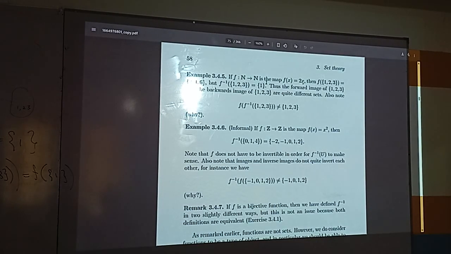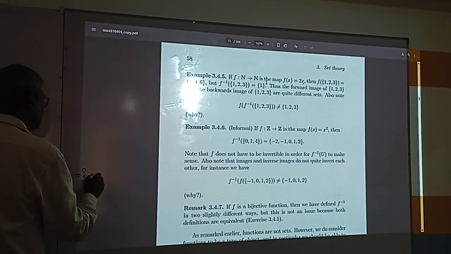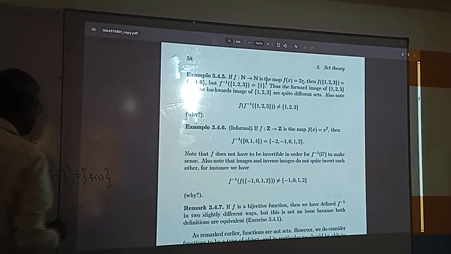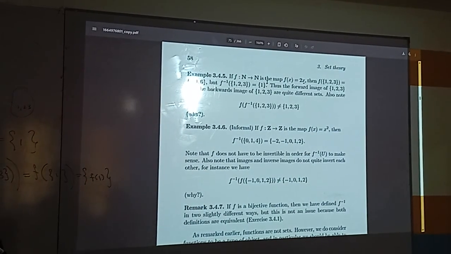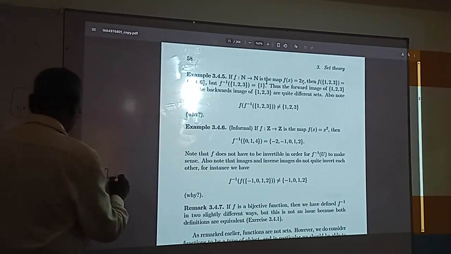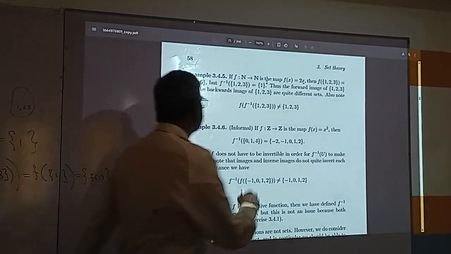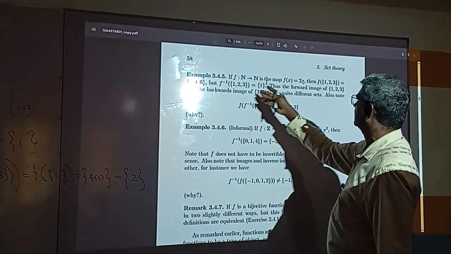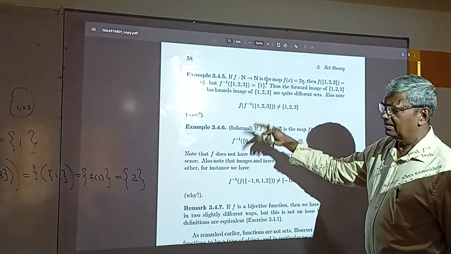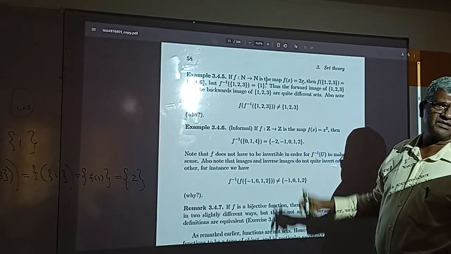What is the only element here? 1. So by definition, it should be f of 1. How much is f of 1? 2. So f of that set is the singleton {2}. It is not equal to the set consisting of 1, 2, 3.